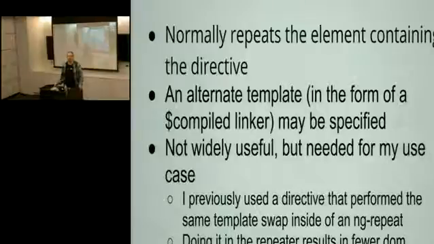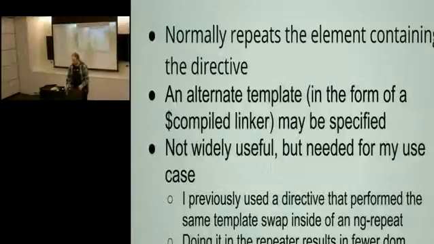I need that for this table widget I implemented, basically so that the user of the table can put in like a bunch of TRs and TDs, and then I will take their code and substitute it in for my repeater inside of the widget's implementation. So it's pretty obscure, but it's actually a big speed up over the other ways of doing that, and better than the other ways of doing that.